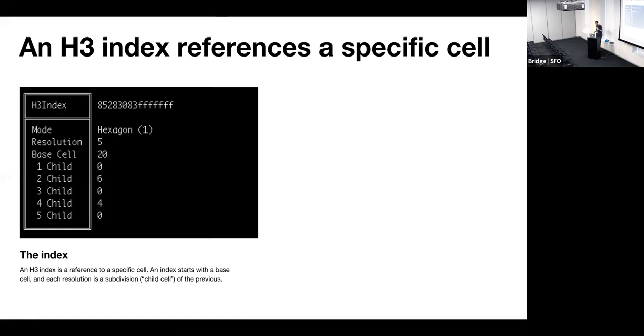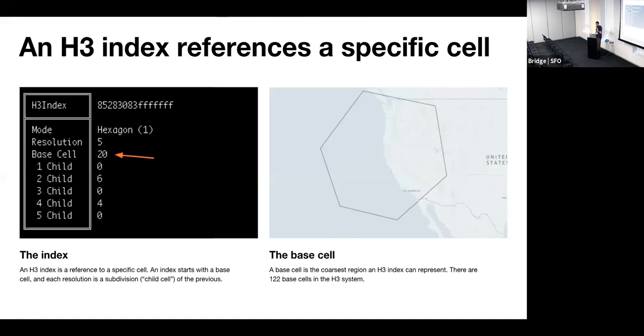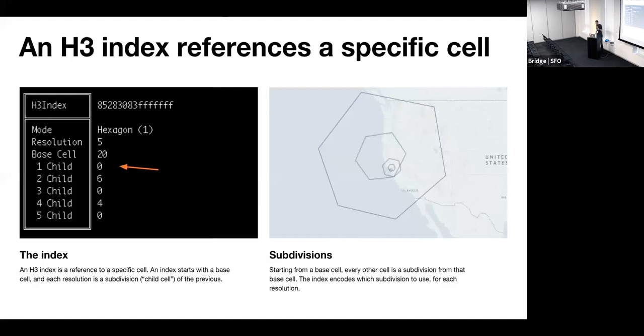And that number is a 64-bit integer, and within it there's a bunch of different bit fields, and we're going to talk about how those bit fields are specifying a specific cell. So the first thing that we start out with for every cell is a base cell, and a base cell is one of these 122 coarsest possible cells that H3 can represent. We happen to be roughly in the middle of base cell 20. And then within this base cell, we are subdividing into it.